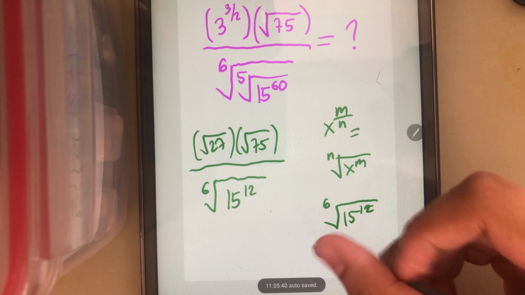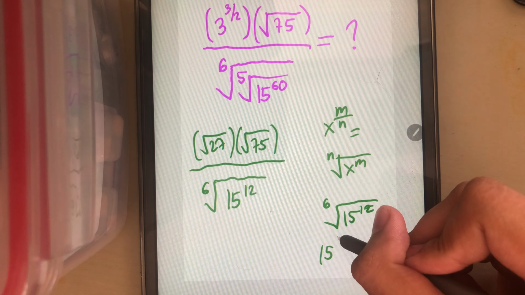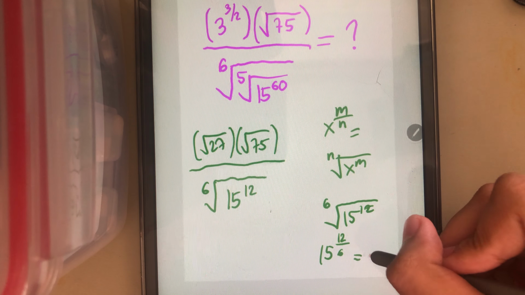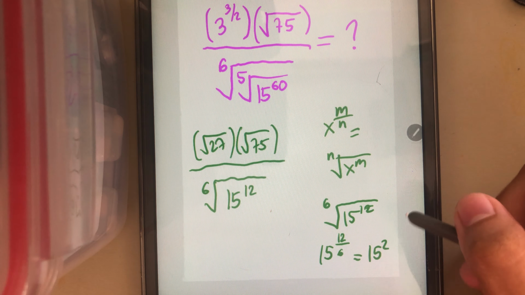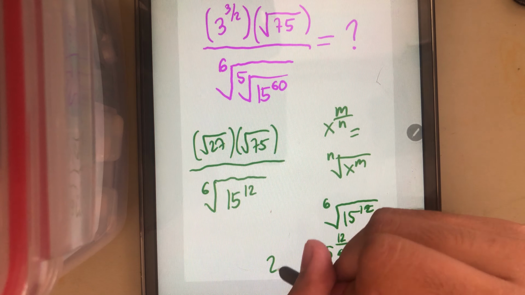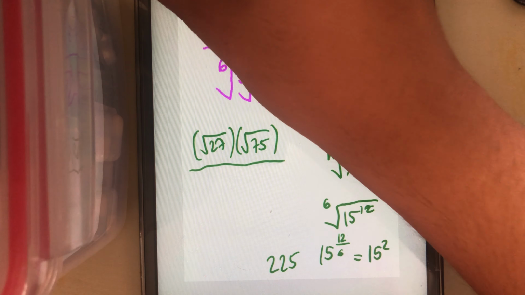So the m over n is 12 divided by 6. It's 15 power 12 over 6, simplified into 15 square. And 15 square is equal to 225. So we put here 225.